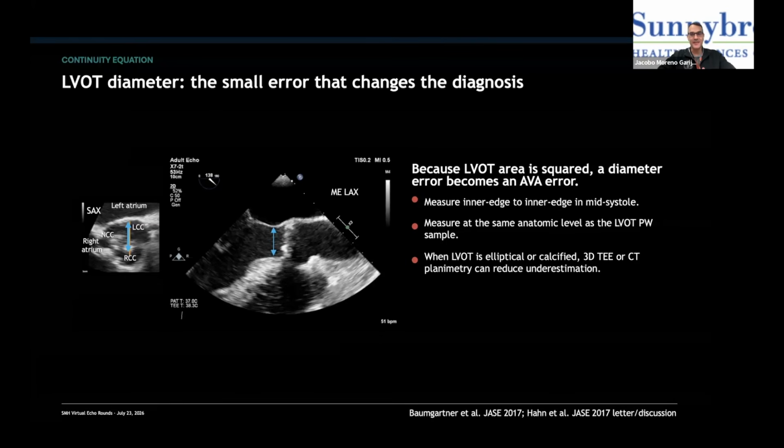When the LVOT is elliptical or calcified, 3D TEE or CT planimetry can reduce the underestimation. In our case, what we can do here is advocate for a 3D TEE.